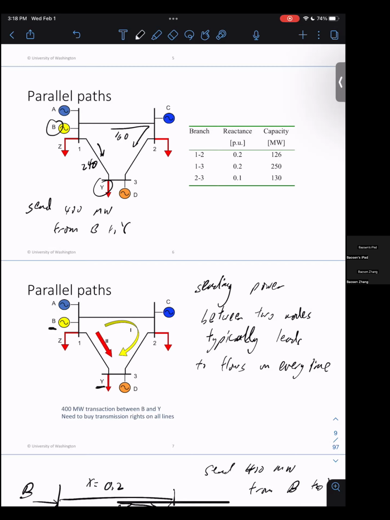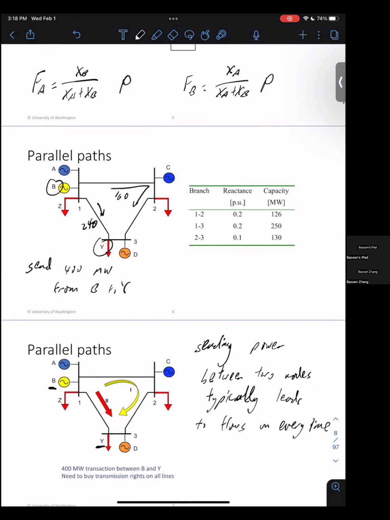This is how the power will flow if you straightforwardly send 400: injected 400 and took out 400 on the other end.